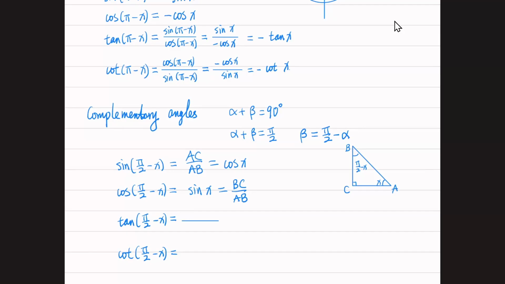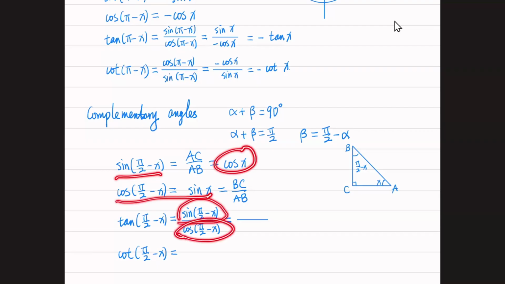Sine over cosine. Can you simplify this quotient? AC over BC divided by AB over BC.